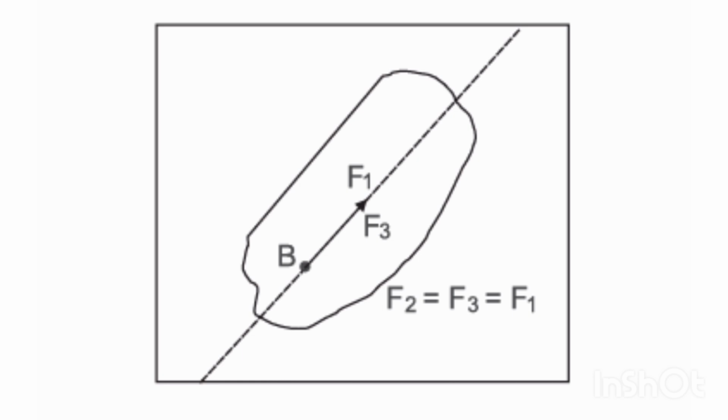Okay. So if the point of application of force, here point B, acting on a body is shifted to this position or that position along the line of action without changing its direction, I am not changing its direction.